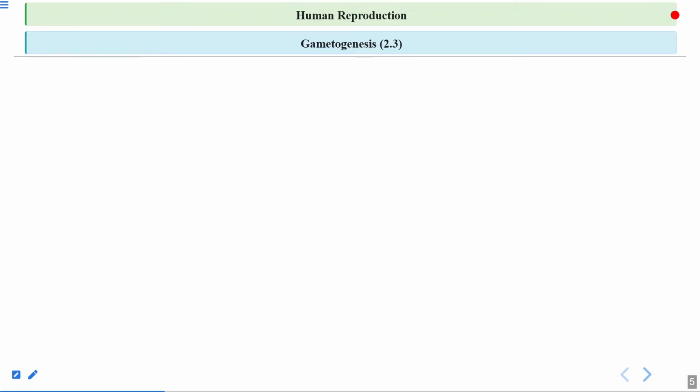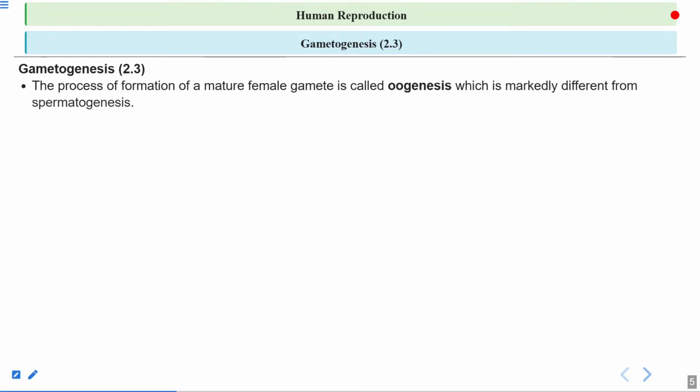This occurs in the females in the ovaries. Now, the process of formation of the mature female gamete is known as oogenesis, and this is significantly different from spermatogenesis. So we will also discuss the differences between oogenesis and spermatogenesis.